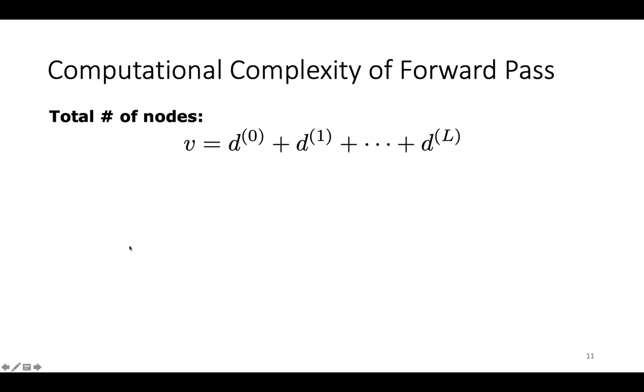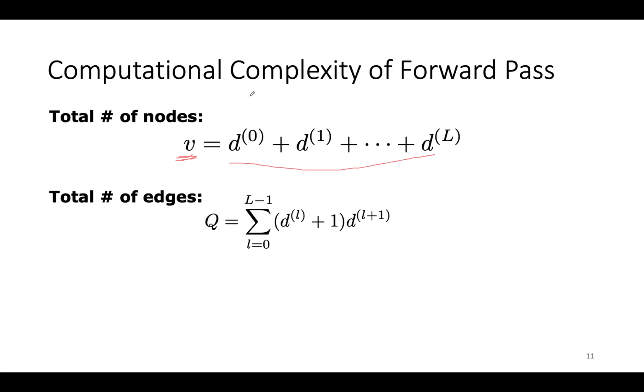We have d nodes in the input layer, and d nodes in the first layer up to d nodes, if we are talking about the fully connected layer, right? We call the nodes V in the graph notation. So you have V and also edges. The total number of edges, all those arrows that connect these layers, we call Q. It would be the summation over all those layers, from layer 1 up to L, because L is the last layer.